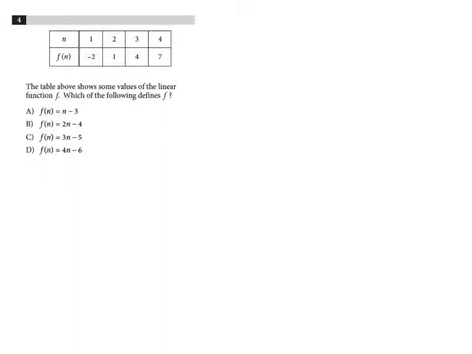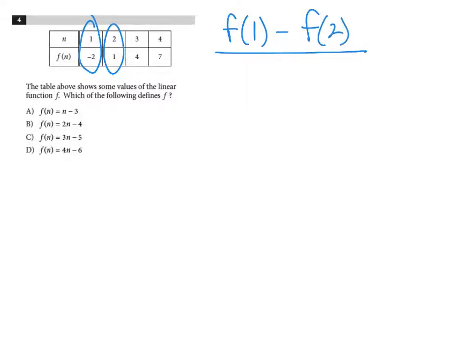I'm going to pick these first two, and I'm going to say, okay, so f of 1 minus f of 2, those are the output values, over 1 minus 2, this should equal the slope.